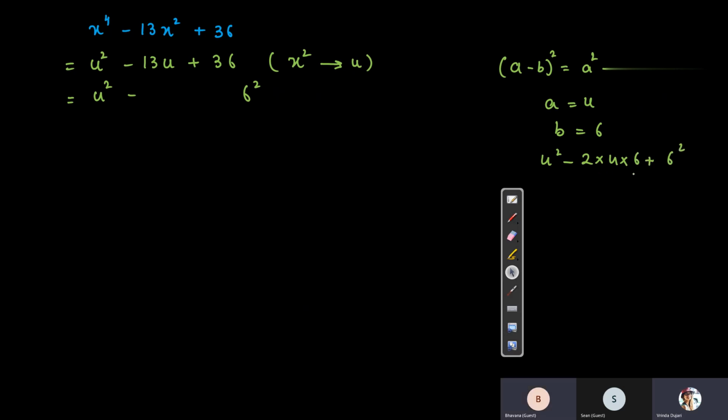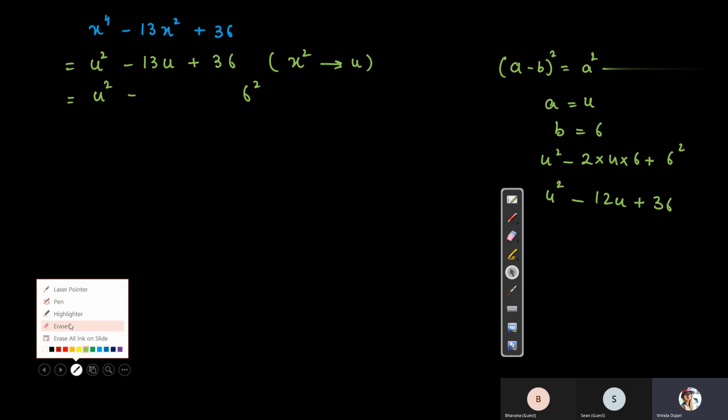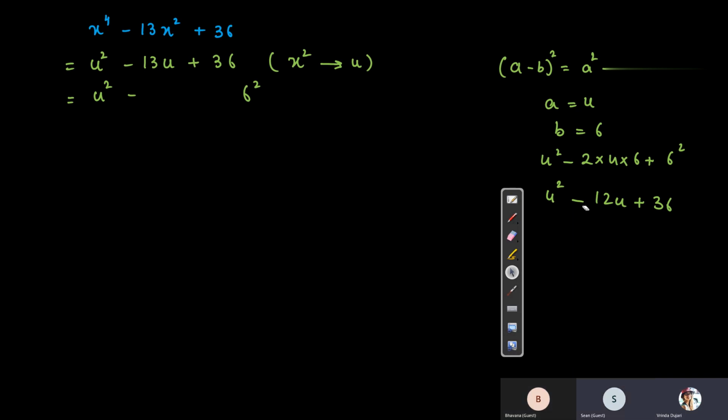Multiply 2 and 6, you will get 12. But here you have negative 13u. So this will give you u square minus 12u plus 36. This is not the same expression. So here this formula will not work. I hope you understood this point, Bhavna and Sean. Yeah. So always verify if you're getting this term or not.